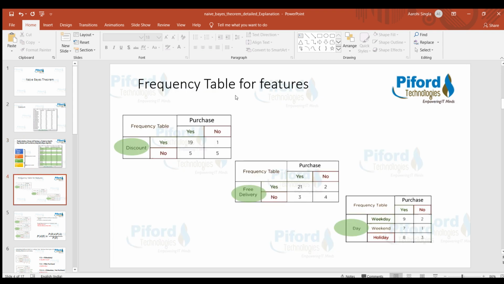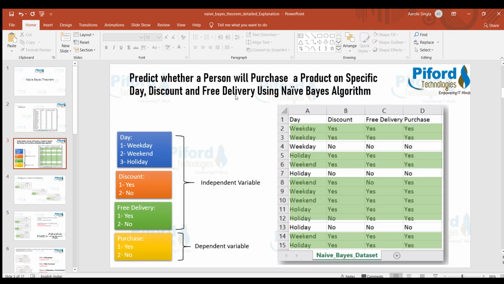The frequency table just displays the count of occurrences of each value, meaning how many times a particular value occurs in a column. The fourth column is what we want to predict, so we are not creating a frequency table on it. We are creating frequency tables on these three columns.